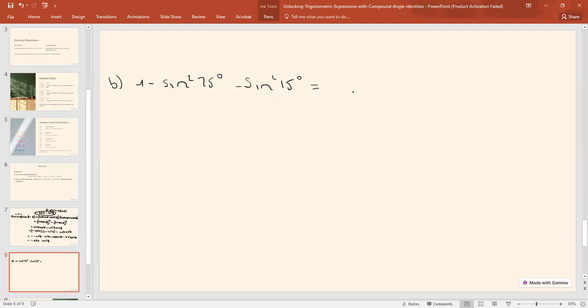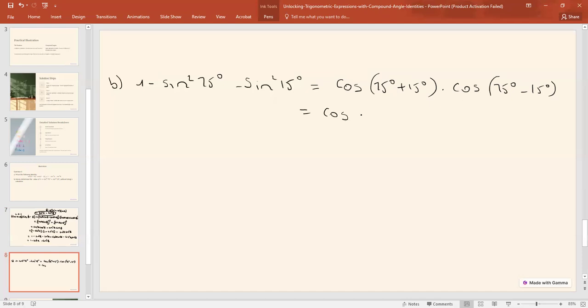So how do we do this? We remember what we proved, because we are asked to use the previously known proof to simplify this. According to our proof from the first step, this can be written as cosine of 75 degrees plus 15 degrees times cosine of 75 degrees minus 15 degrees.